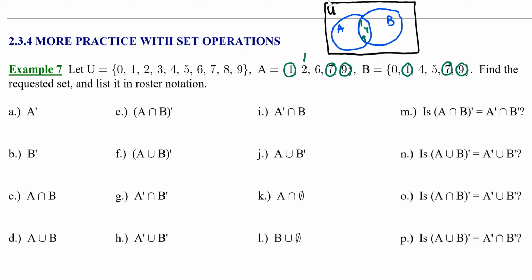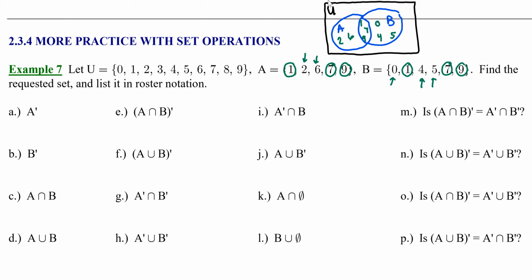Now, everything that's left over in A is inside circle A, but outside circle B. And everything left over in B is going to be inside circle B, but outside circle A. And then finally, we have to figure out which elements in the universal set, that is digits from 0 to 9, have not yet been accounted for. So I'm going to look at the elements I have, just count my way from 0 to 9.